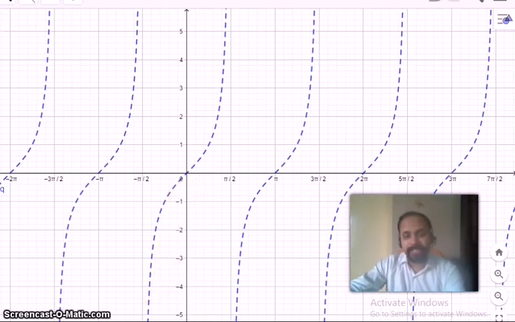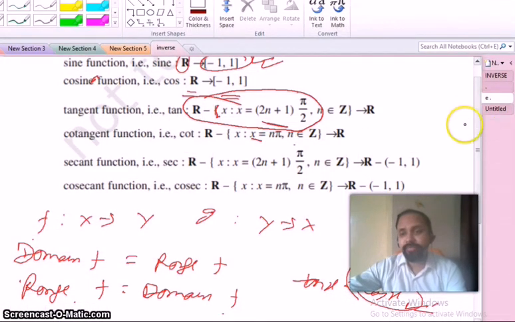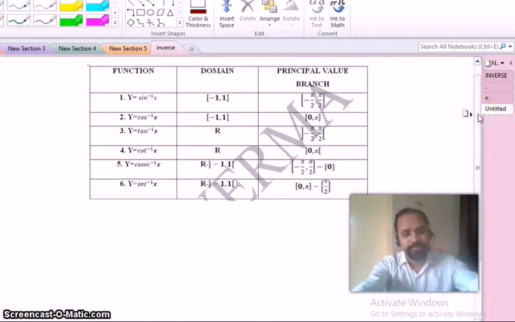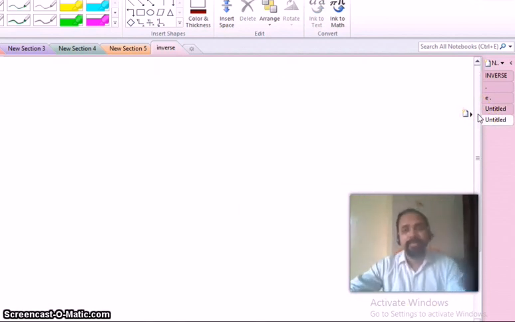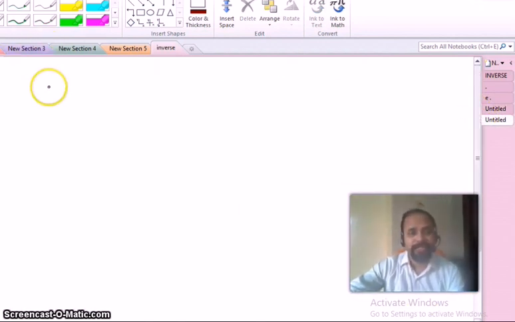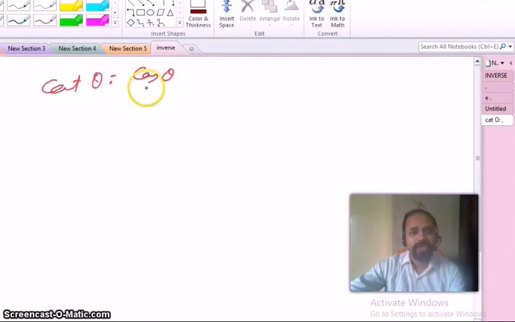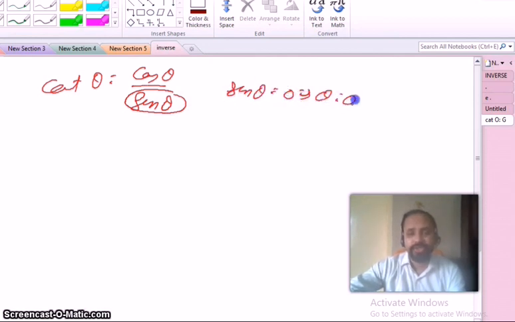Okay, and if we come to cot, cot theta means cos theta by sin theta. Again, cot theta is not defined when sin theta is 0, and sin theta is 0 when theta equals 0, plus minus pi, plus minus 2 pi, and so on.